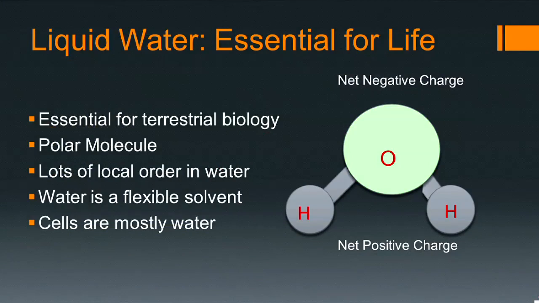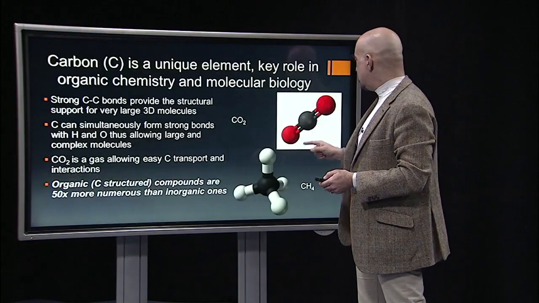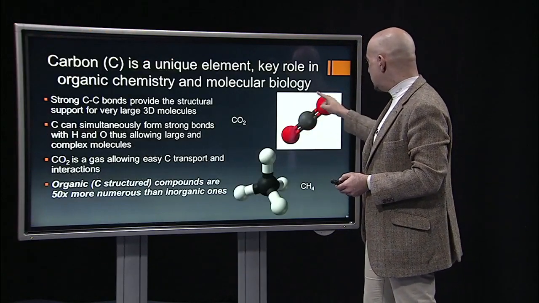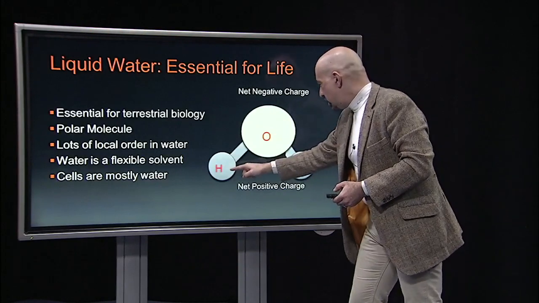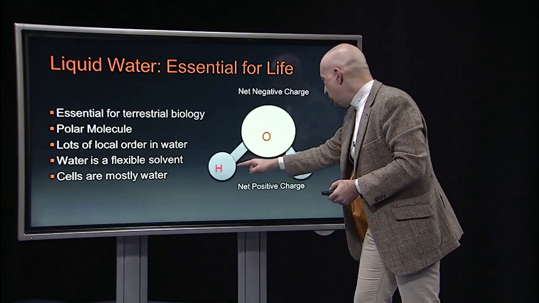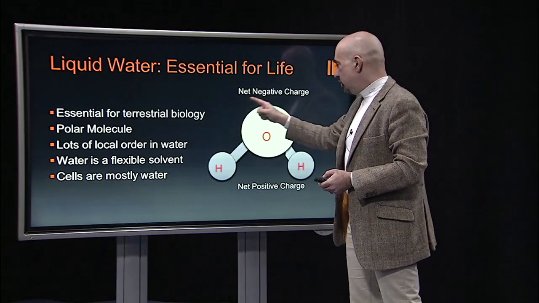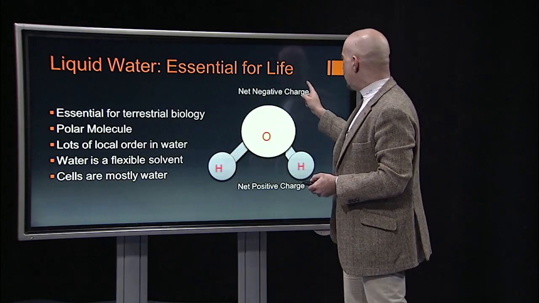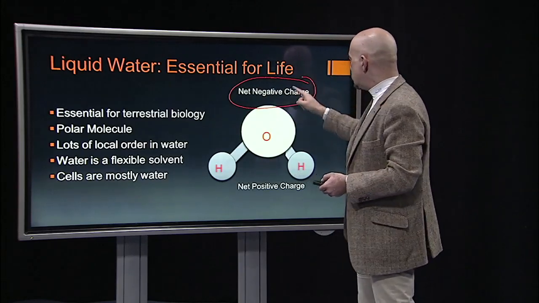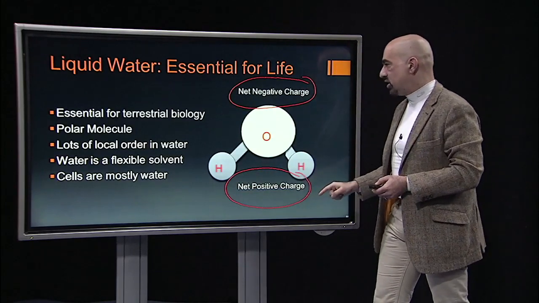Here is a water molecule, and you'll notice, unlike carbon dioxide, which was a nice linear molecule, water is bent, with the hydrogens forming almost a right angle relative to the oxygen. Because of this, it is a polar molecule with a large net negative charge on this side and a large net positive charge on this side.